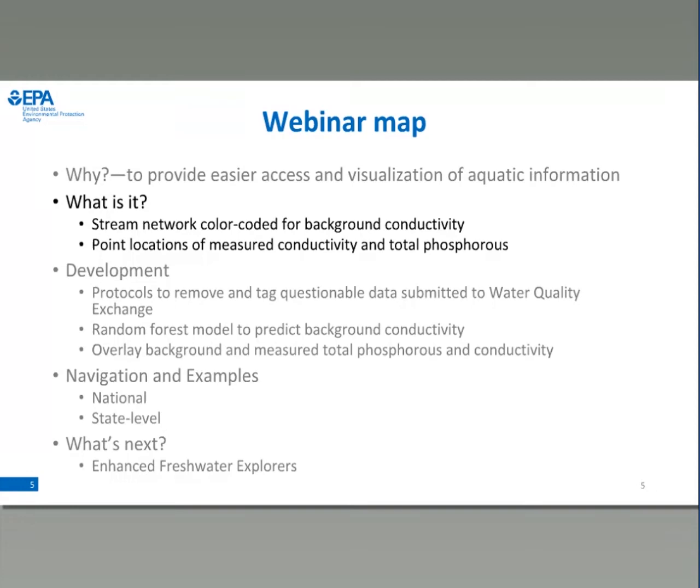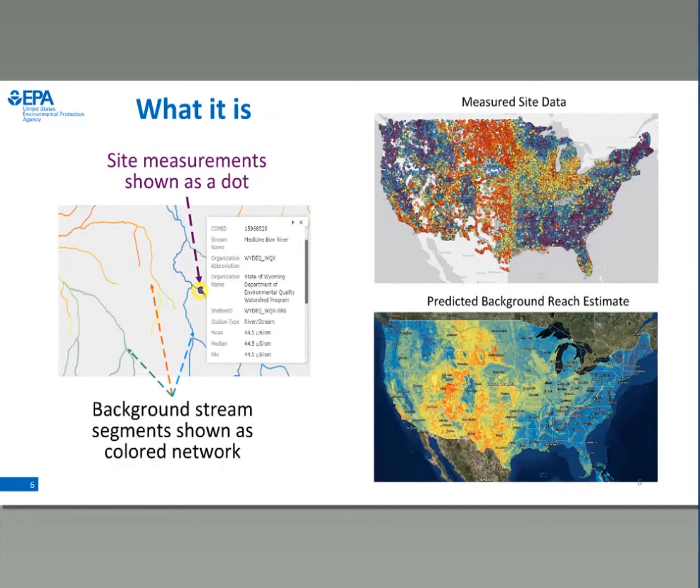As I've mentioned before, it is a network of color-coded background conductivity, and then the measured values of conductivity and total phosphorus on top of that network. But seeing it makes it a lot easier to understand.